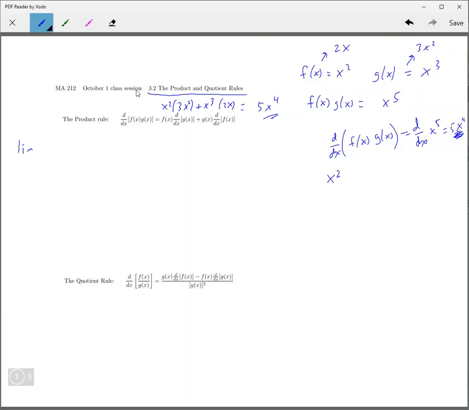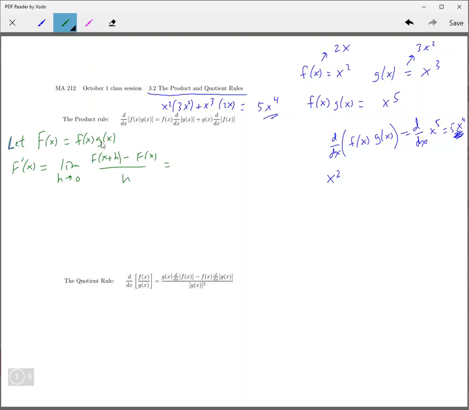So here's what we're going to do. We're going to let capital F of x be the product of little f of x times little g of x. Okay. So if we use the difference quotient, that's the limit as h goes to 0 of F of x plus h minus F of x all over h.